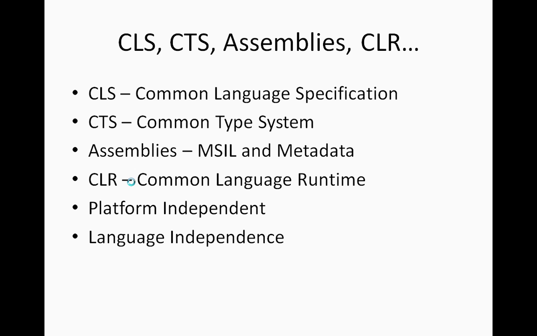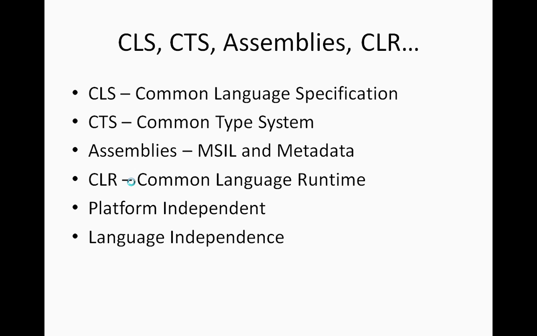Assemblies are nothing but the deliverables of your .NET development, which means if you code something in .NET and compile it, you are going to generate an output which is called an assembly. There are two types of output that come here, called EXE or DLL.